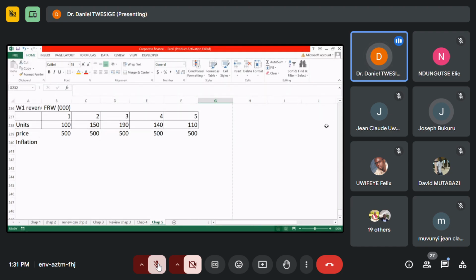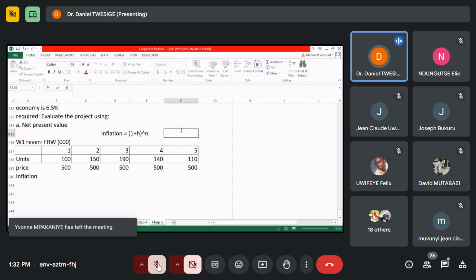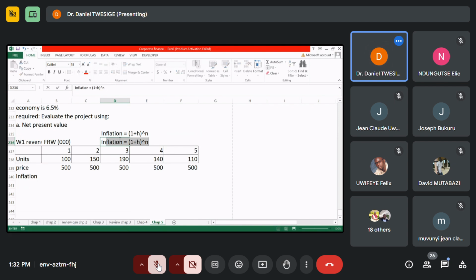So my inflation, that's what I was talking about. My inflation will be 1 plus the inflation rate, power N. Remember, inflation on selling price is 4%.